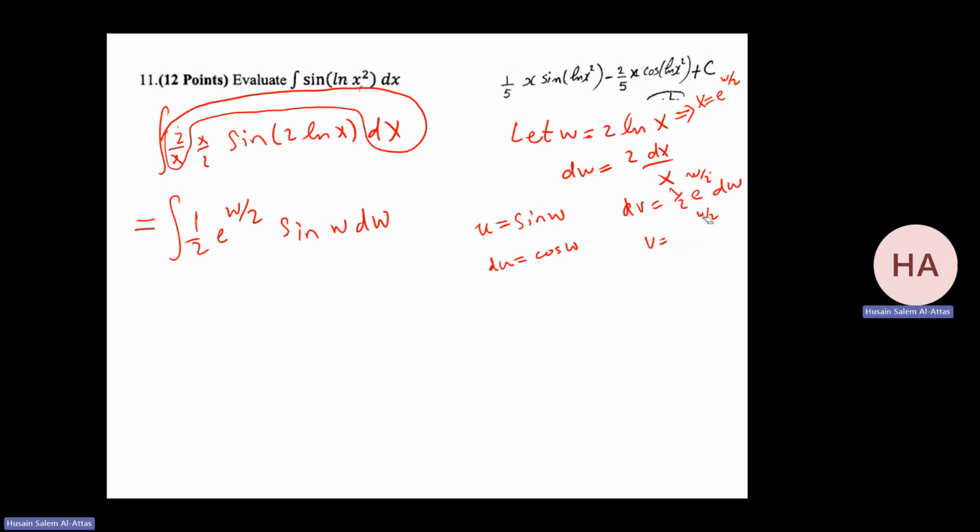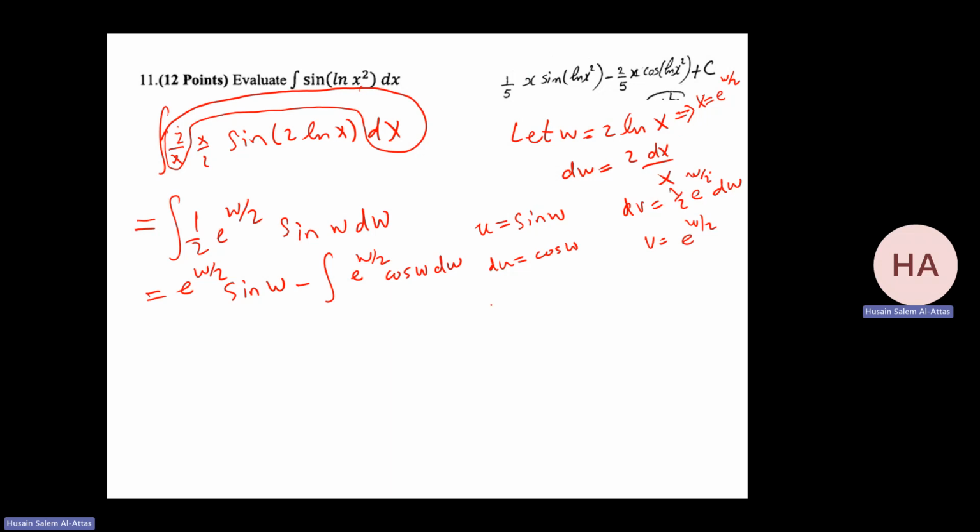It will be e to the power W over 2, without the half. That will be what? e to the power W over 2 sine W minus the integral of e to the power W over 2 cosine W dW.